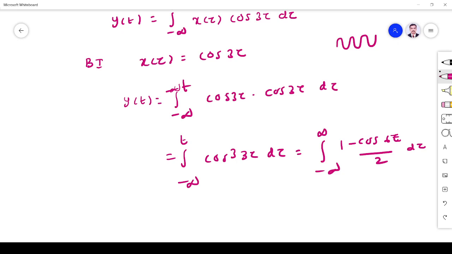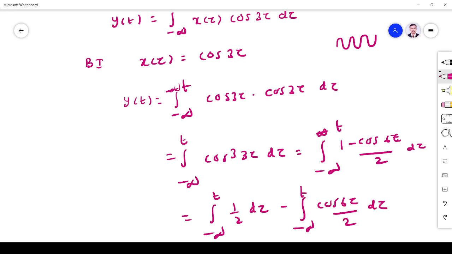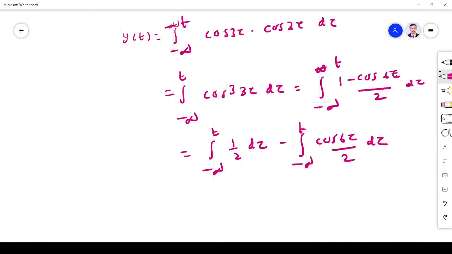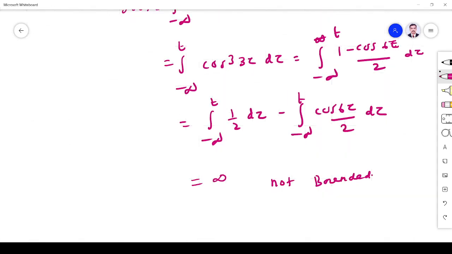If I simplify this integral, it is the integral from minus infinity to t of 1 by 2 d tau minus the integral from minus infinity to t of cos 6 tau by 2 d tau. This will be equal to infinity. Infinity means it is unbounded, since bounded means the value should be finite. So this output is not bounded.